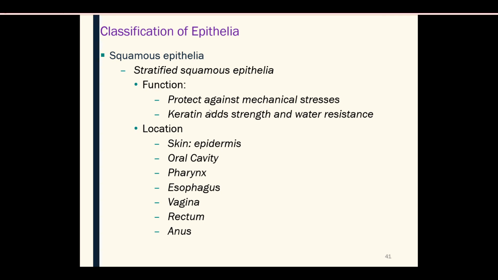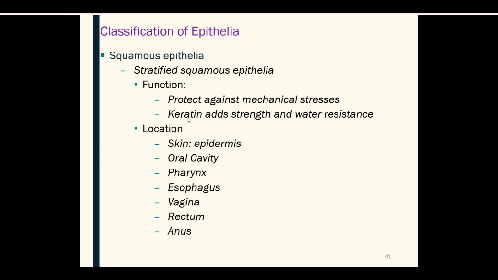And then in the skin, we actually have a special protein known as keratin that also provides extra strength, and this is the protein that makes us water resistant, right? So not all stratified squamous has keratin, right? That's specifically in the skin. And these are some of the locations that you would have stratified squamous. So I put there first the skin, right?